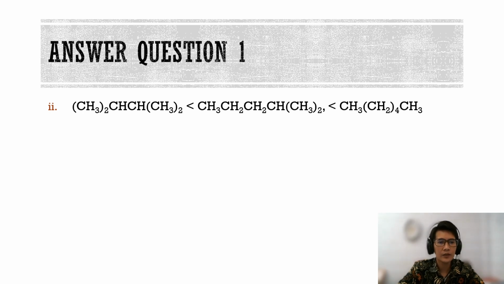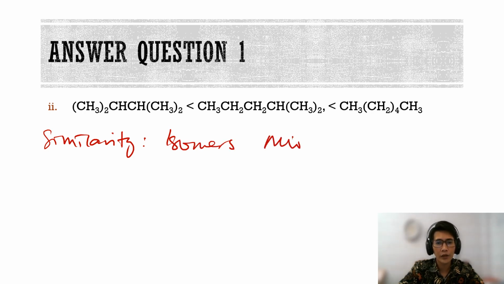The first thing, you need to find the similarity. Okay, so all these alkanes are isomers, okay, isomers with the molecular formula C6H14. Okay, C6H14. So what is the difference between all these isomers is the number of branching.